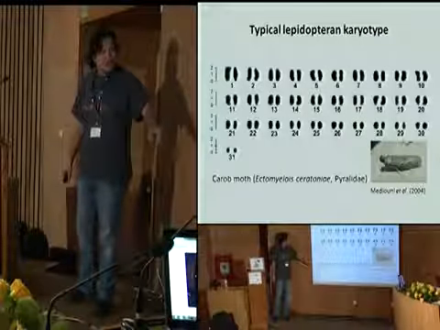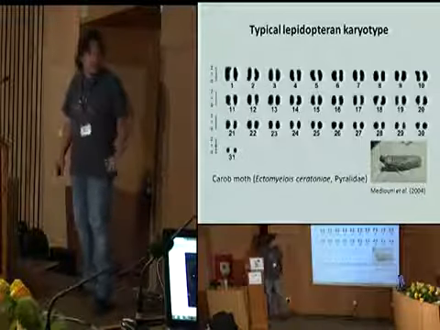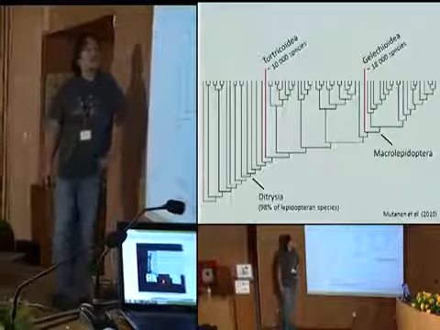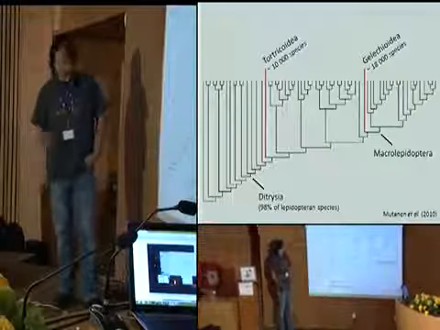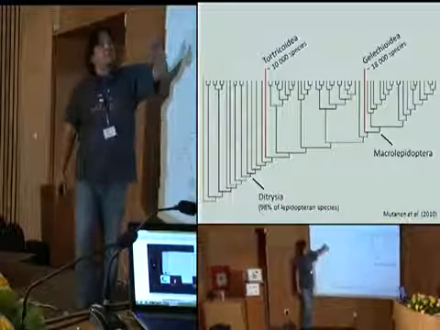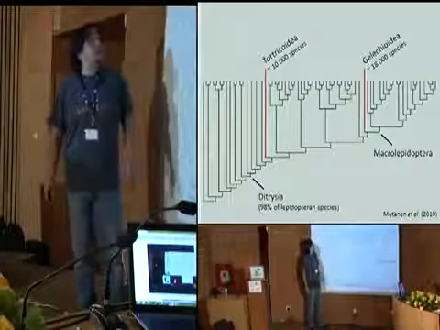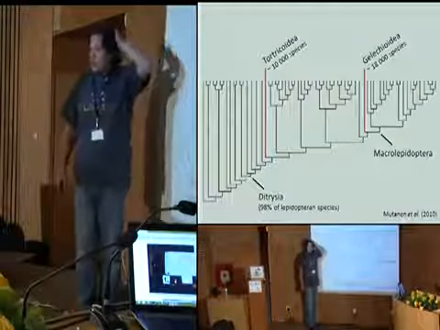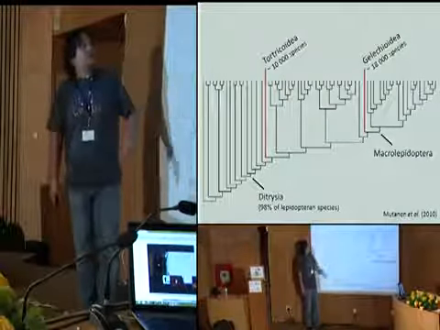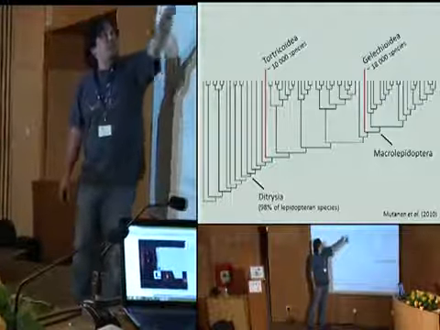Well, this is a karyotype of a pyralid carp moth, but lower ditrysia or Apoditrysia. And I will talk about two superfamilies, the most diverse superfamilies in these lower ditrysia, the Tortricoidea superfamily and Gelechioidea superfamily.